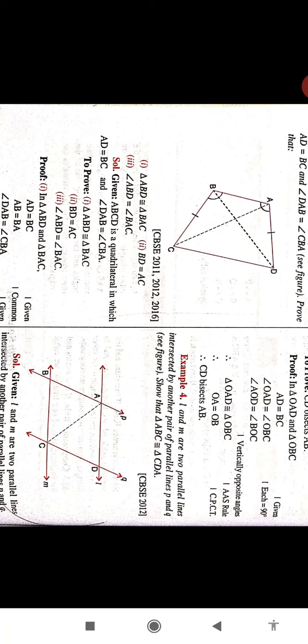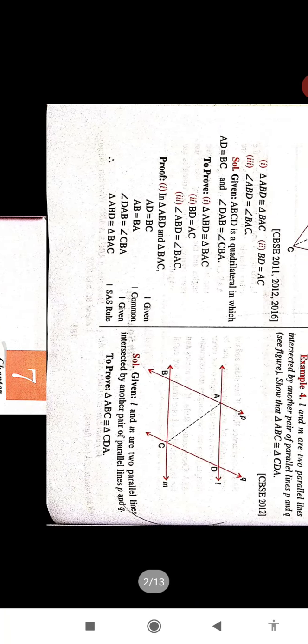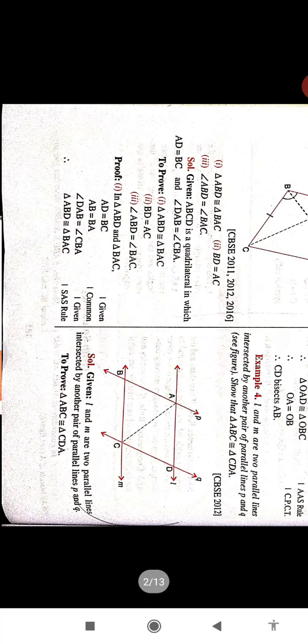Then ABCD is a quadrilateral and two triangles are formed, ABC and ADC. These two triangles are congruent, that we have proved. We have proved triangle ABC congruent triangle CDA.